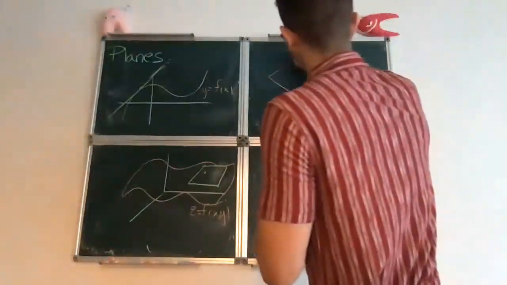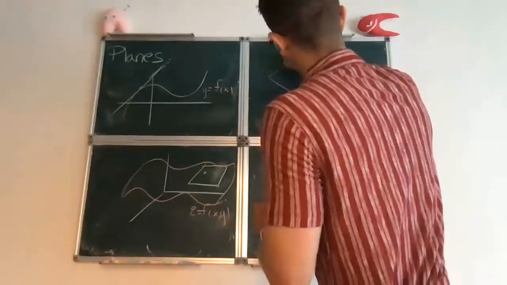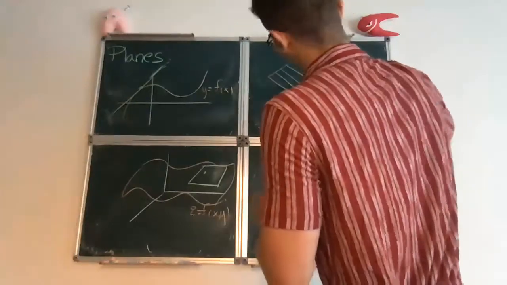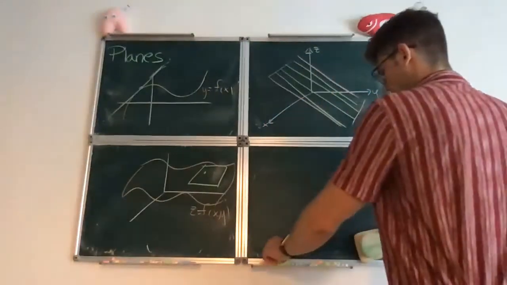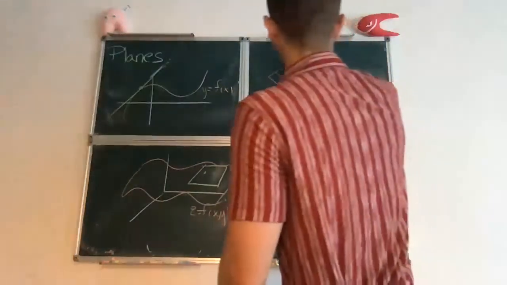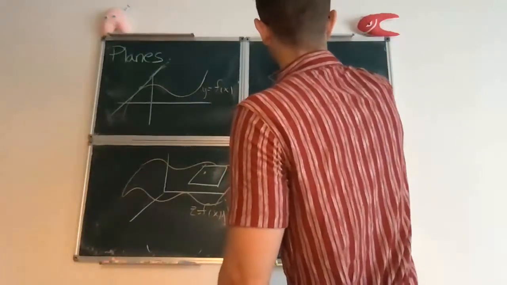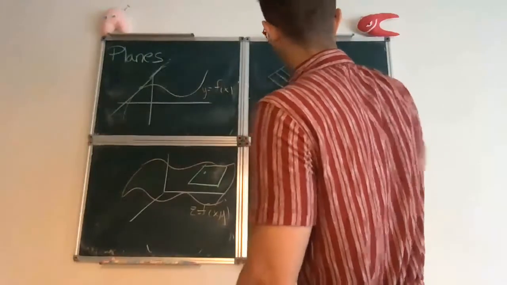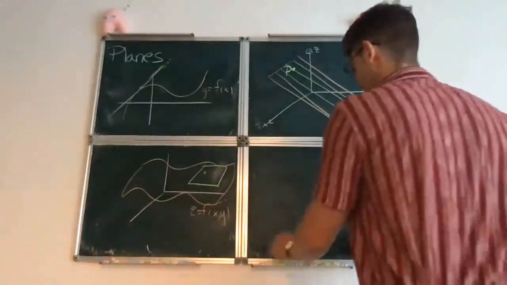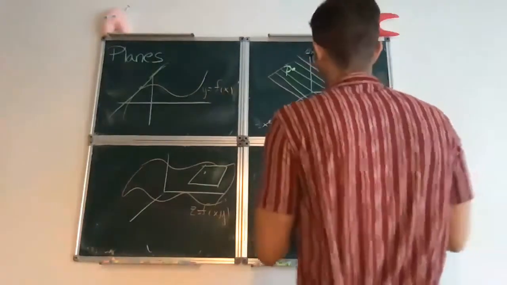One way to think about a plane is that a plane consists of a bunch of lines. If you think about it from that perspective, in order to specify one of the lines you would need a point, and you would also need a velocity vector.